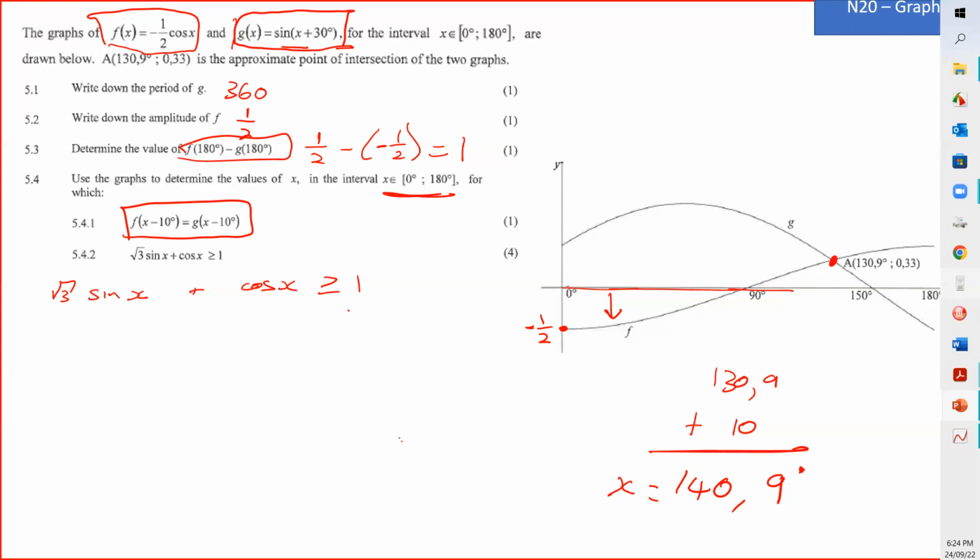Very quickly, let's write that down. Sine 30 is half. Sine 45 is root 2 over 2. And sine 60 is actually root 3 over 2.